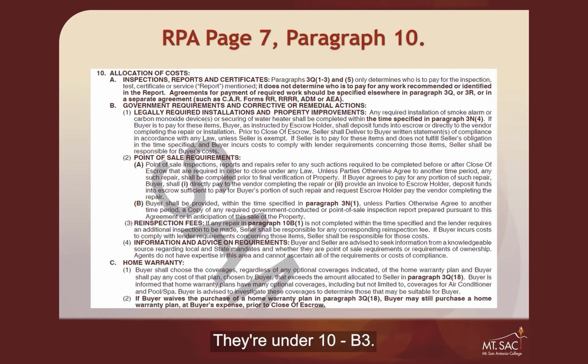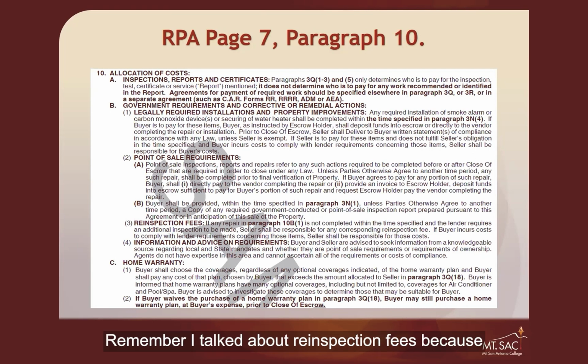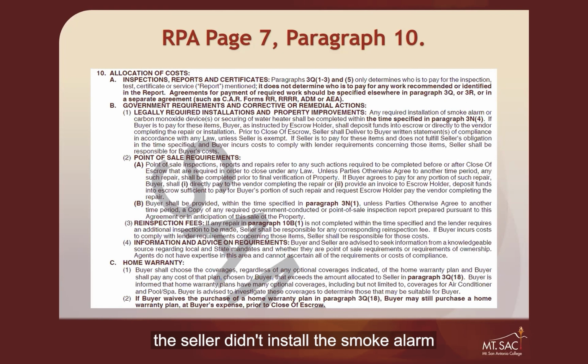They're under 10B3. Remember I talked about reinspection fees because the seller didn't install the smoke alarm, CO2 detector, bracing the water heater. Again, seller's going to be responsible for any reinspection fees because they didn't get it installed in time, right?